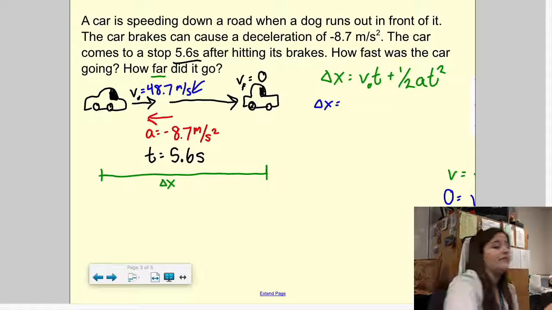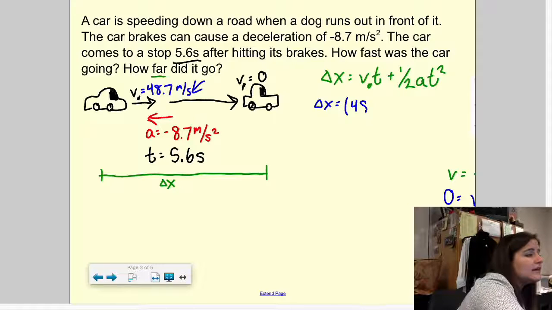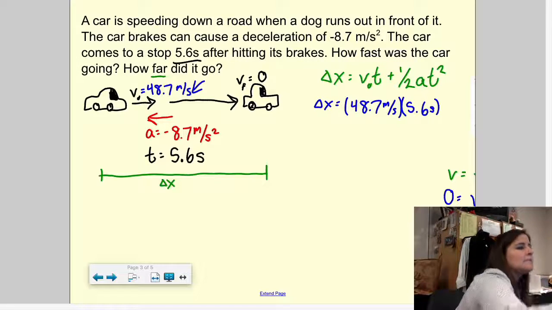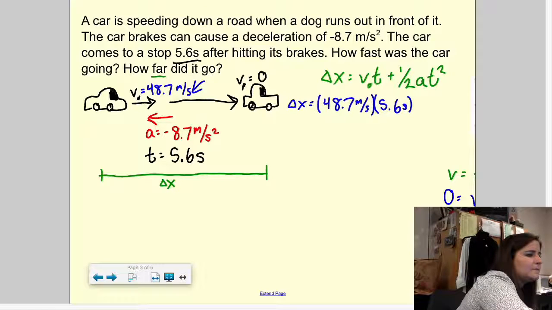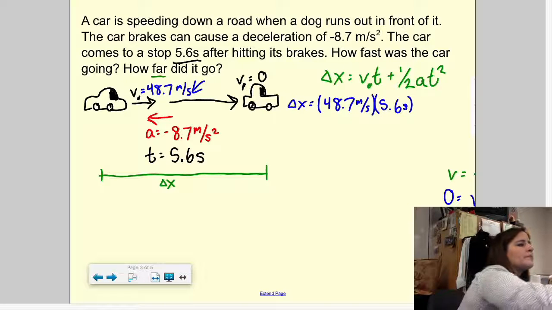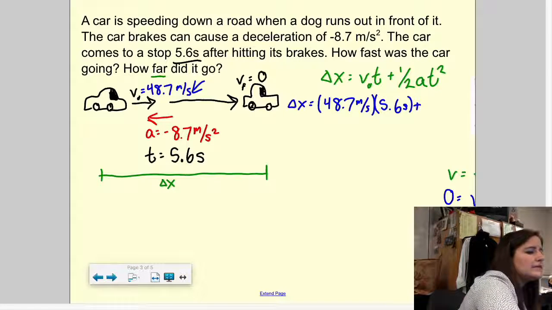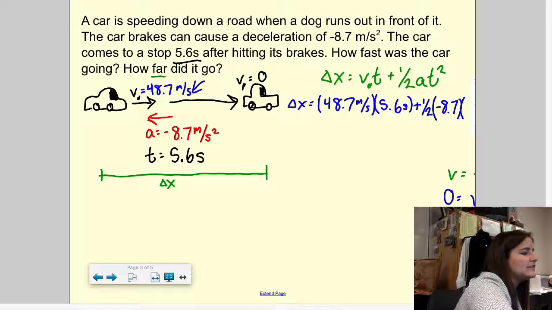It's the number that we were given, 48.7 meters per second, times our time, which was 5.6 seconds. Plus 1/2 times our acceleration, negative 8.7, times our time squared, 5.6 squared. Dang it, running out of room.